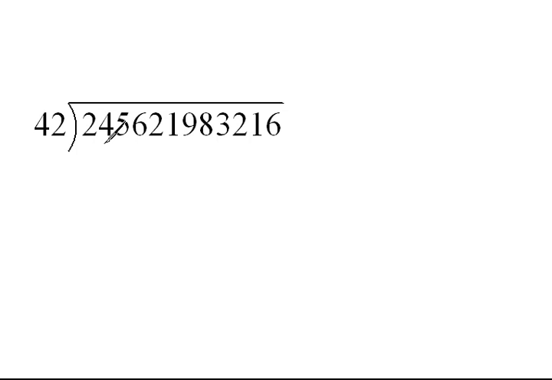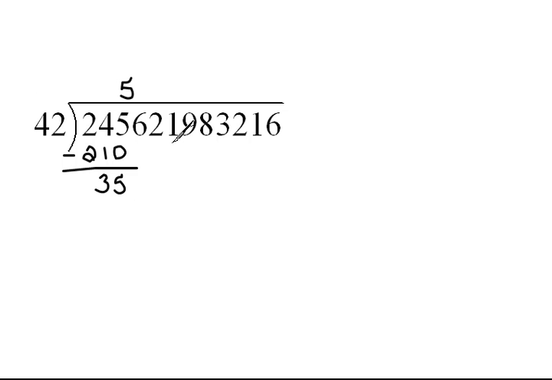We know that 42 times 5 would be 210. So I'm going to put my 5 right there. And then 5 times 42 is 210. And now we subtract. So when we subtract, we're going to get 35.